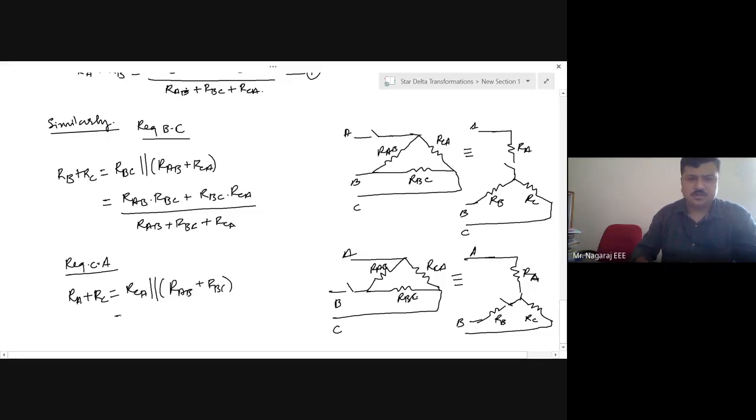So this I will write as RCA into RAB plus RBC, one step I am skipping here, I hope it is okay, divided by RAB plus RBC plus RCA. Similarly, you take this as equation 2: RB plus RC is equals to RBC into RAB plus RCA divided by RAB plus RBC plus RCA.